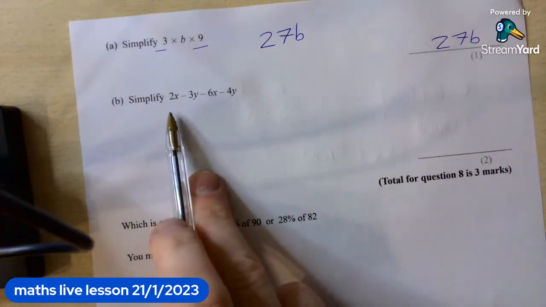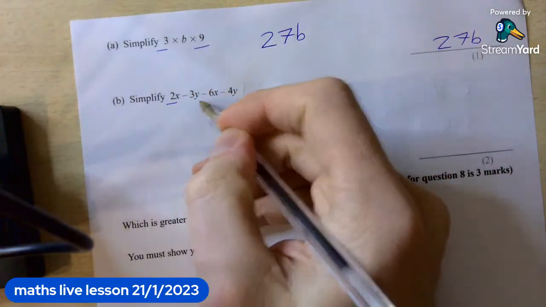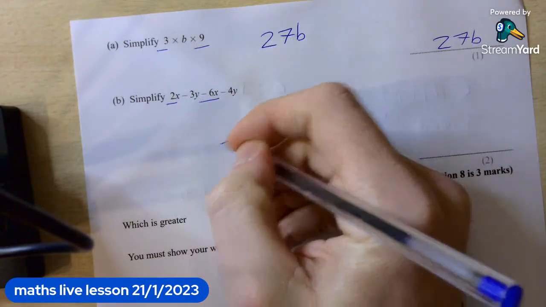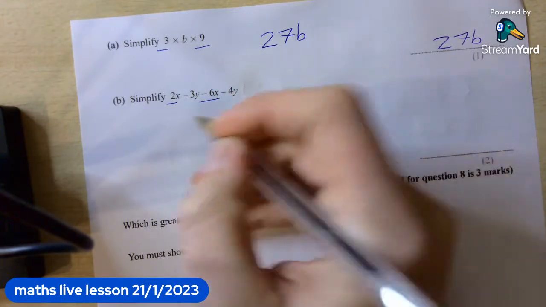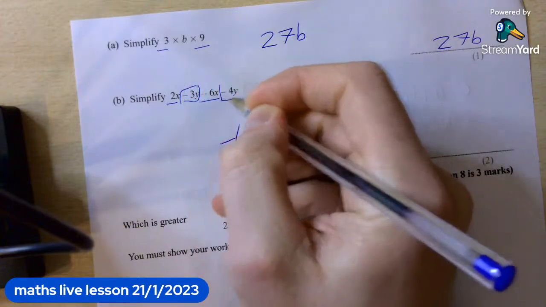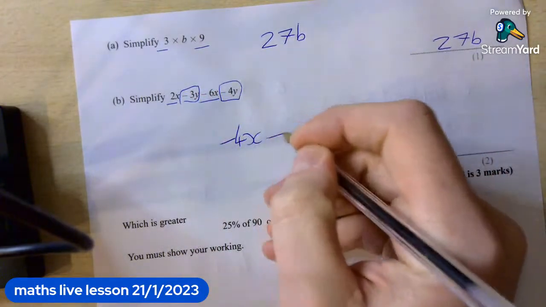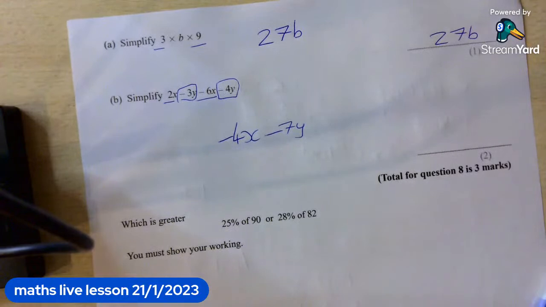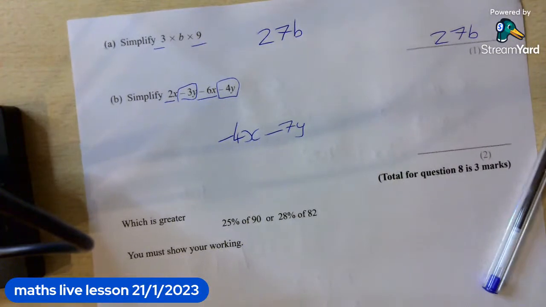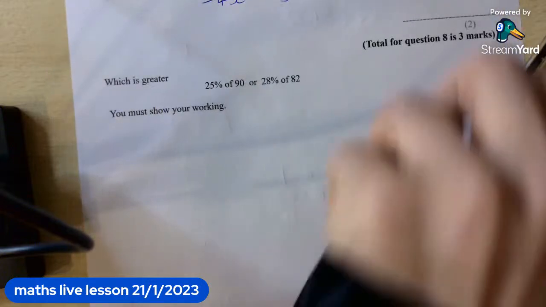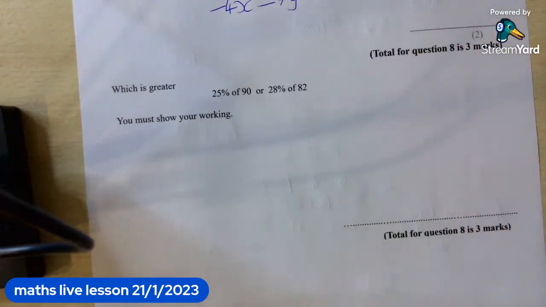Okay, so next one. 2x minus 6x, that's minus 4x. 3y minus 10y, that's minus 7y. Right, next one. I will leave it there a second. See if you can have a go at this one.